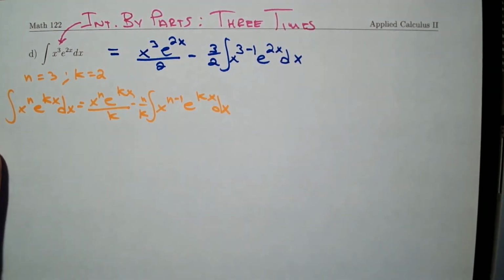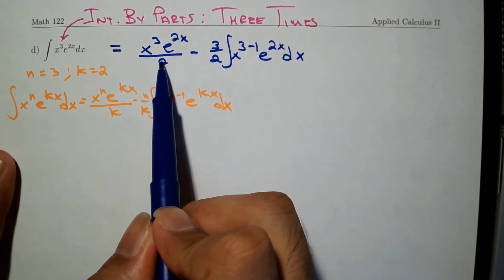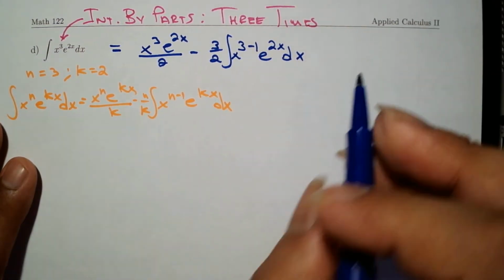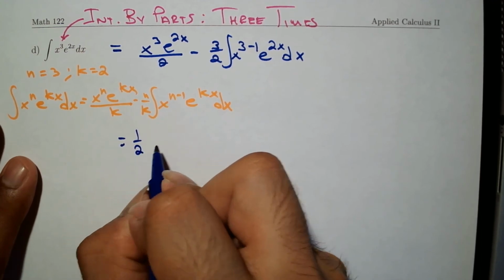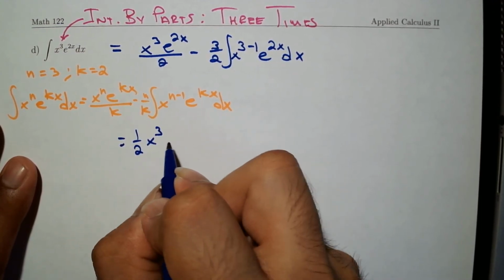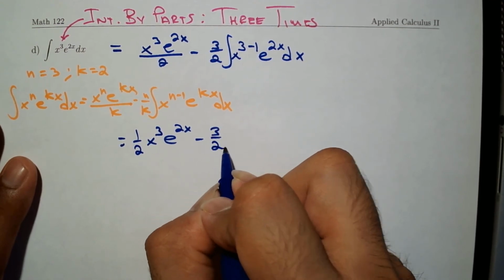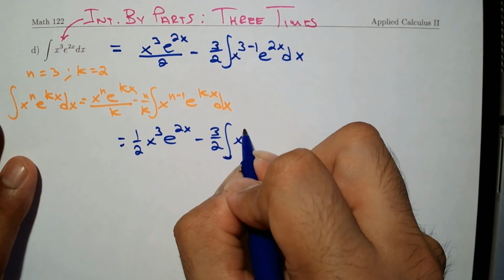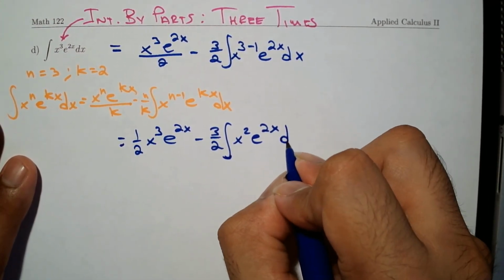Alright, let me do some simplification here. Maybe you might want to write this division by 2 as a 1/2. Okay, it's gonna be 1/2 x cubed e to the 2x minus 3 halves times the integral of x squared e to the 2x dx.